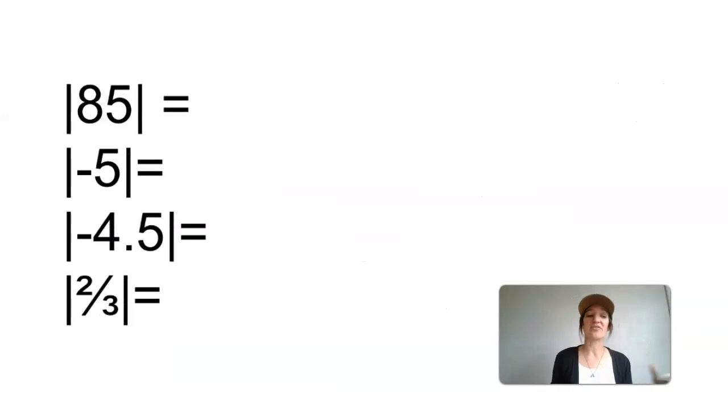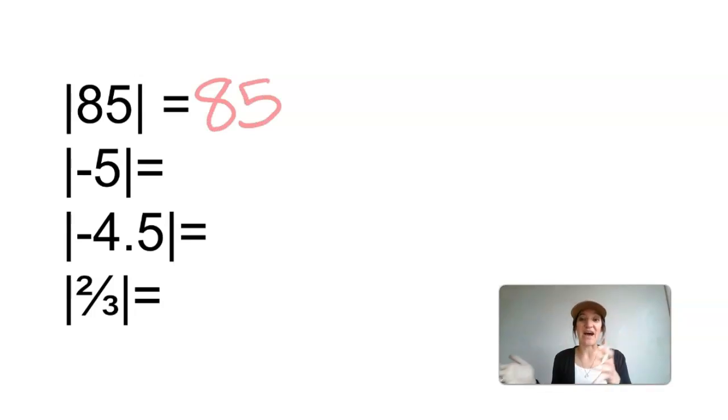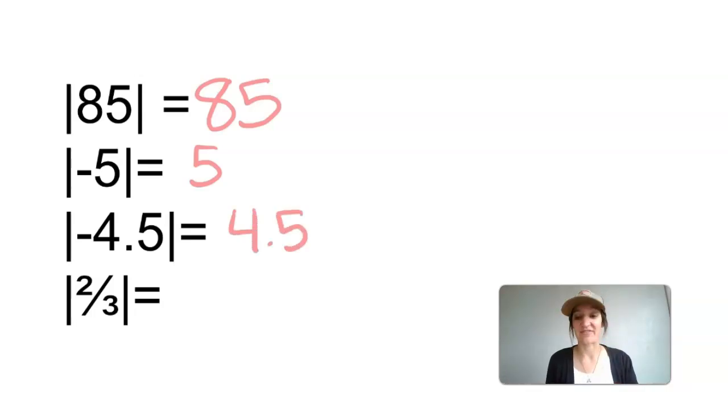Okay, so as we look through these in your notes, let's think to ourselves, how far away is 85 from 0? Well, 85 is 85 away from 0. How far is -5 from 0? -5 is 5 steps from 0. How far away is -4.5 from 0? Well, it's just 4.5.